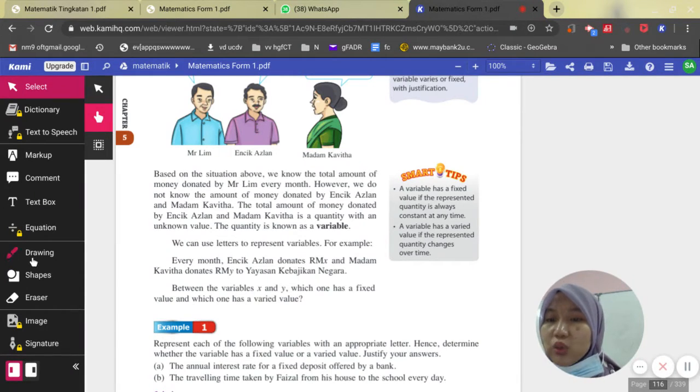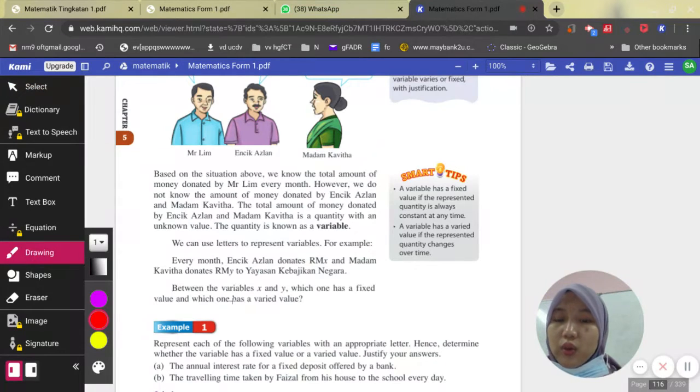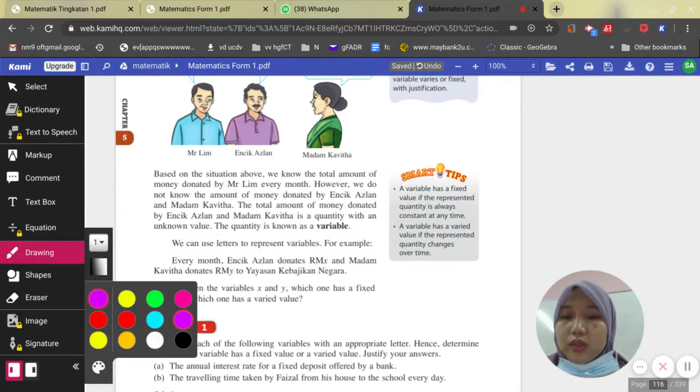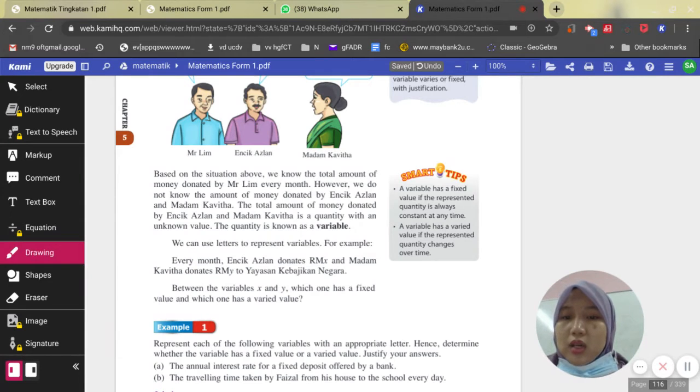There are two terms here you need to know.